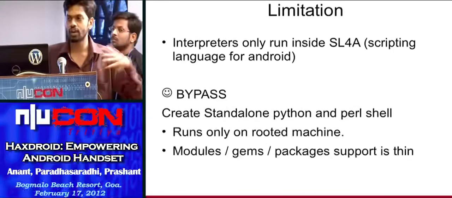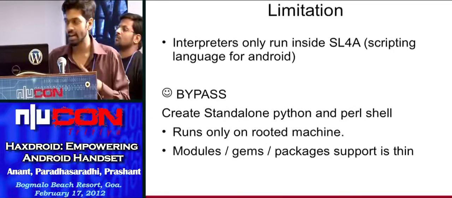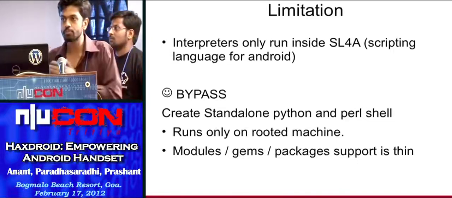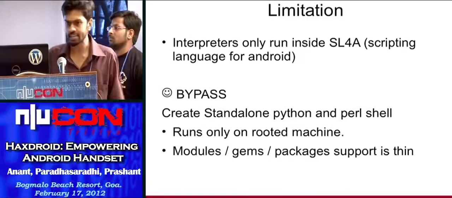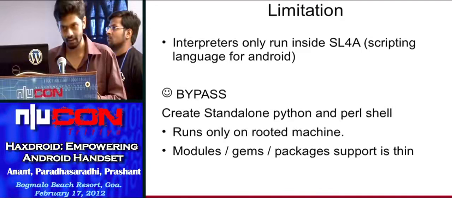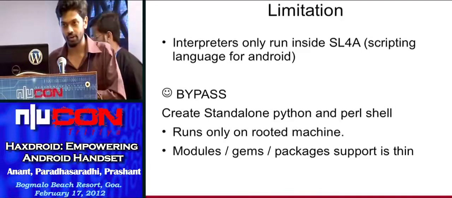The scripting language for Android project came into picture considering that users do not have a solid background into Java programming. They are much more proficient in say PHP, Perl or Python. So let them build the tool in their own language, but give them the interfaces provided by Android.